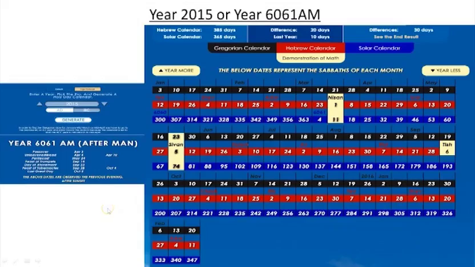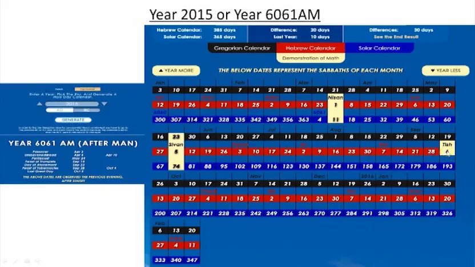Now we'll go into the year 2015. The AM year turns out to be 6061, which is what we should recognize. So if we enter that year, 2015, and we hit AD and generate, this is the calendar that it produces. Now, we should find that date that we said that we had before.